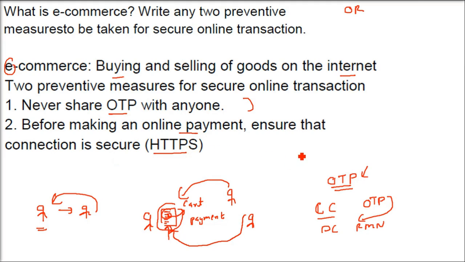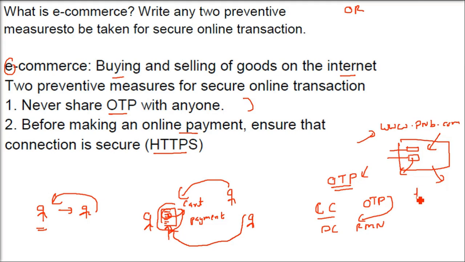And before making any online payment, you need to make sure that the website is not HTTP but HTTPS. For example, if you open www.pnb.com, that is the bank website, the username and password will come and you will just enter them and it will be wrong, and you'll see, oh, what will happen? This page will go and the actual page of PNB will come.